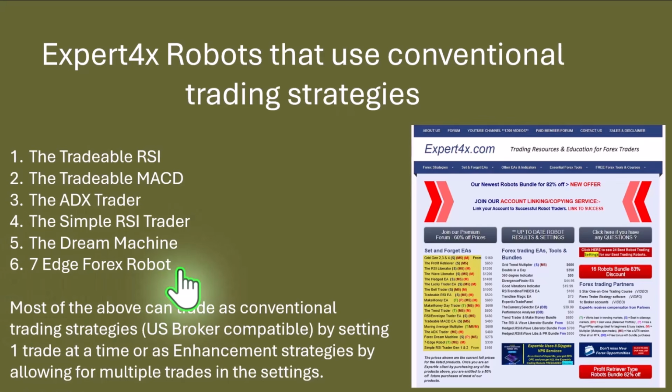If you set them to trade one trade at a time, they are totally US compatible and they trade in a conventional way. If you want to use them in an enhanced way, you can let them open more than one trade at a time, and then they become enhanced. But certainly if you're from the US and you want a robot that's trading one trade at a time and it's 100% US compatible, these are the ones to consider.